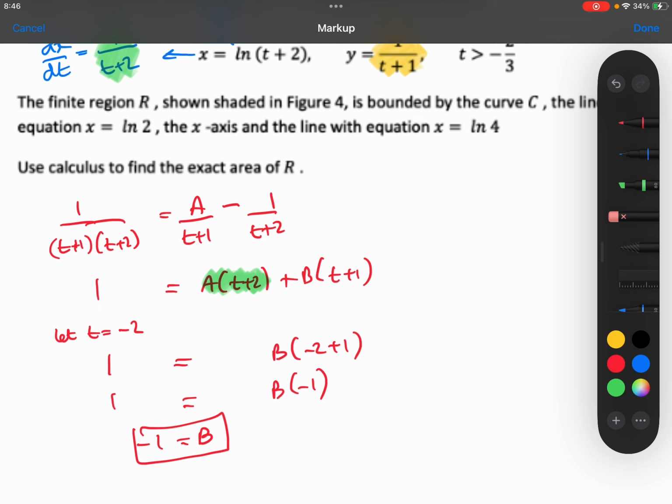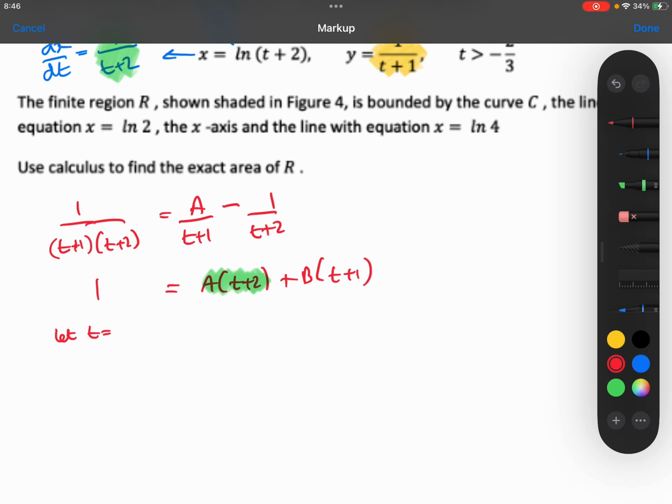Now to work out the a term. This time I'm going to let t be -1. That way, this term will disappear. And I will just be left with 1 is equal to a times -1 plus 2.